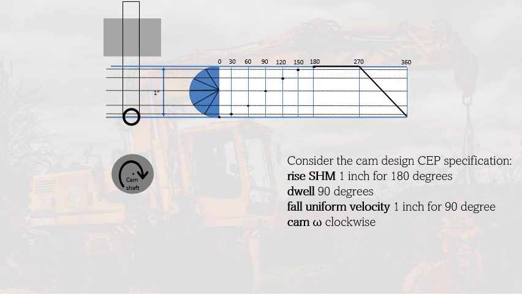And then finally, on the last part, we have a fall, which is uniform velocity. That's why it's a straight line, as you can see based on the previous example. 1 inch for 90 degrees, that means that it would reach the original position at 0 inch by the end of the 360 degree rotation.